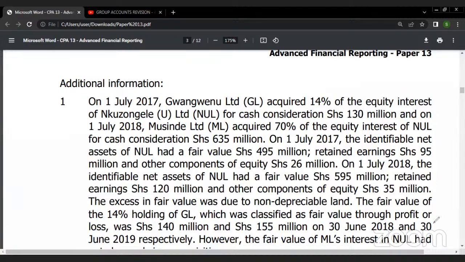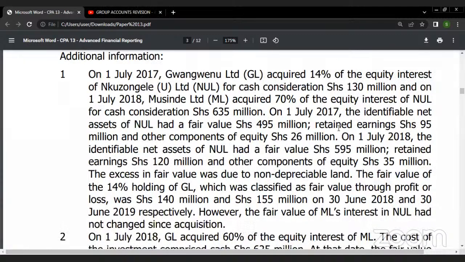When we go on, they are telling us that, however, the fair value of ML's interest in NUL had not changed since acquisition.